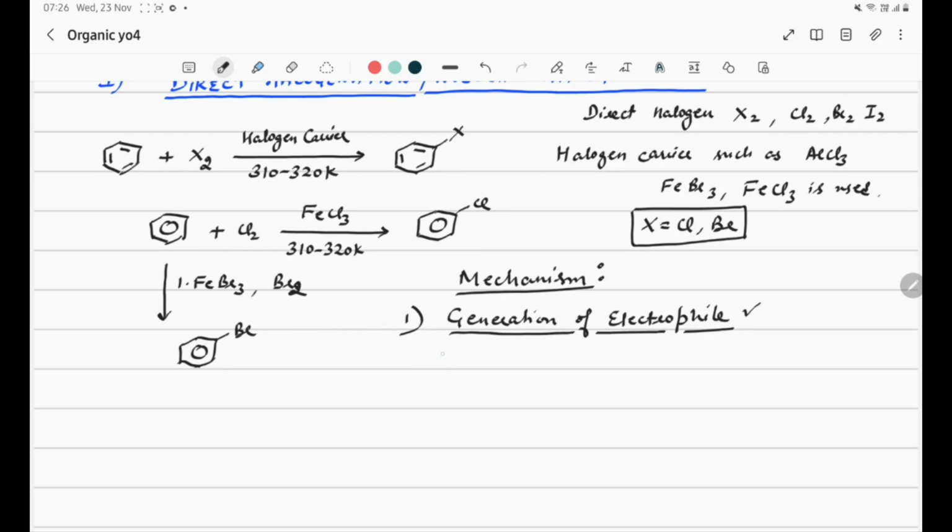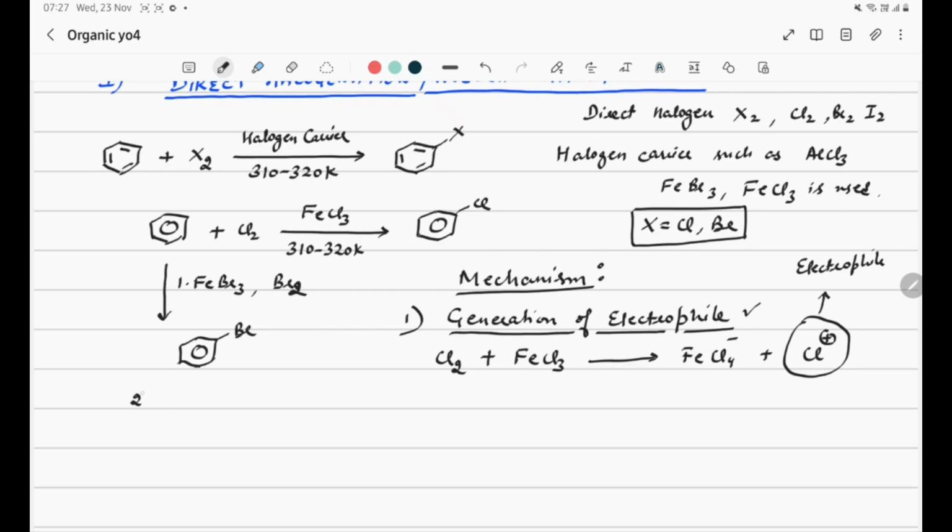So this is what happens when chlorine gas reacts with FeCl3 ferric chloride: it generates FeCl4 minus and chlorine positive ion. This is our electrophile. This will react with the aromatic ring.